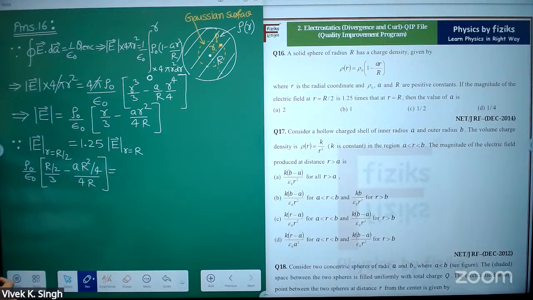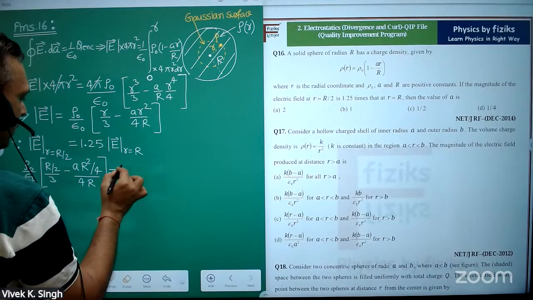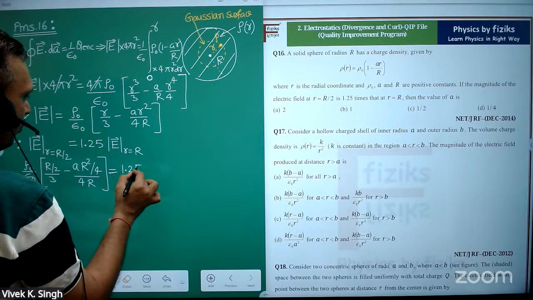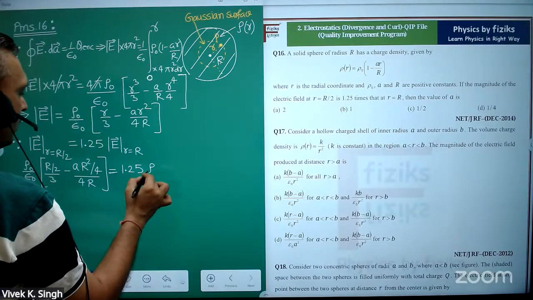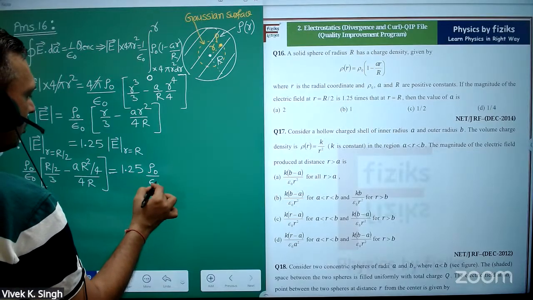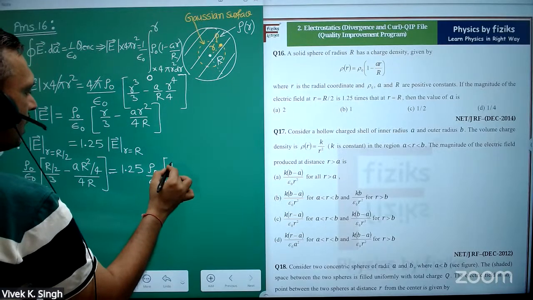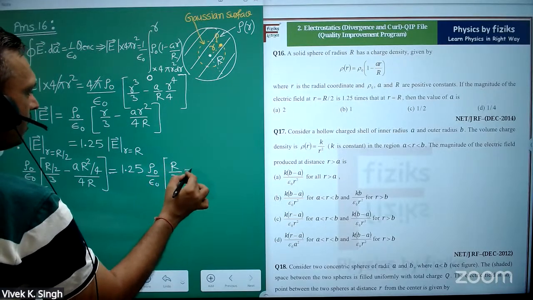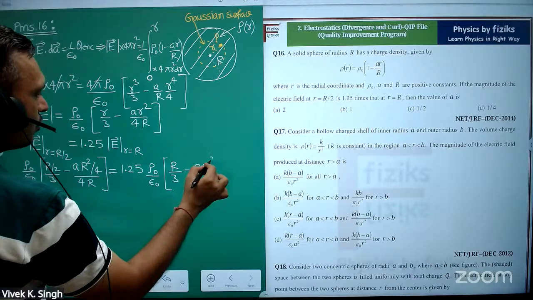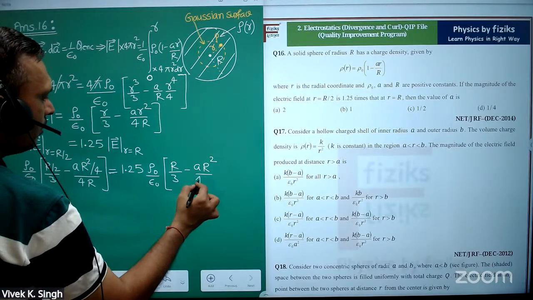This value will be 1.25 times rho naught by epsilon naught, putting r equal to R, times (R by 3 minus a R square by 4R).